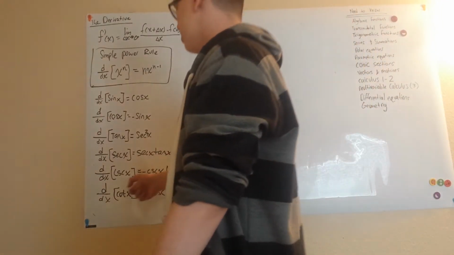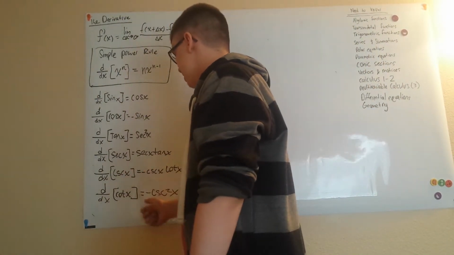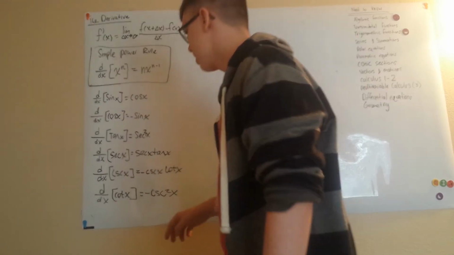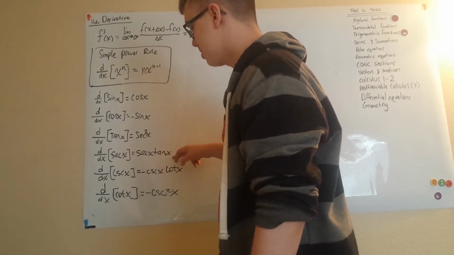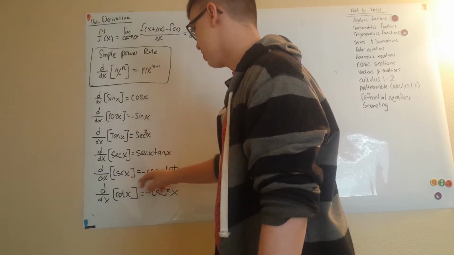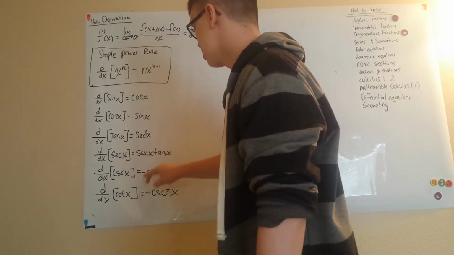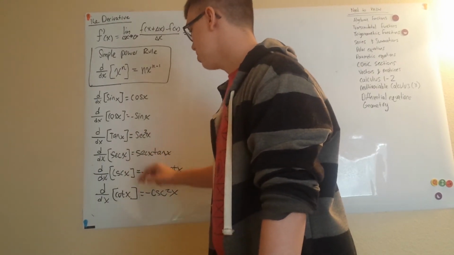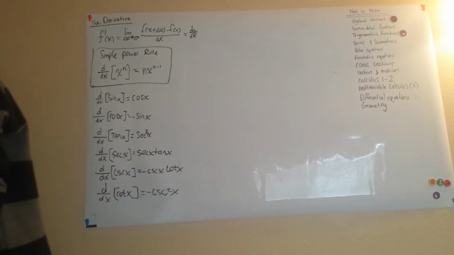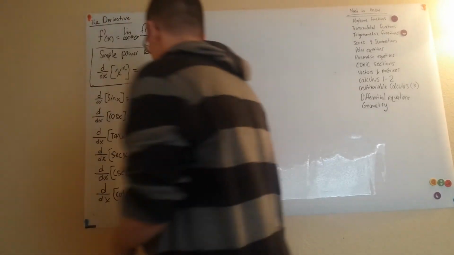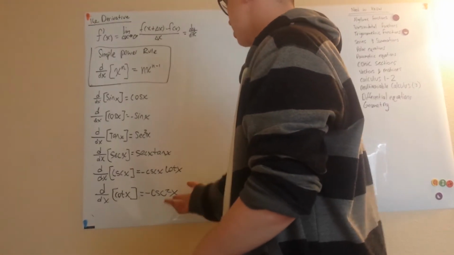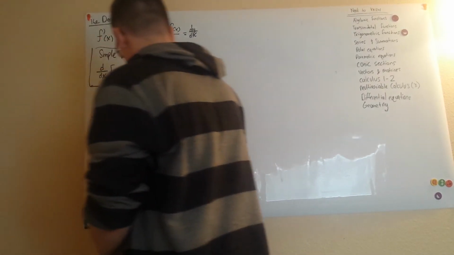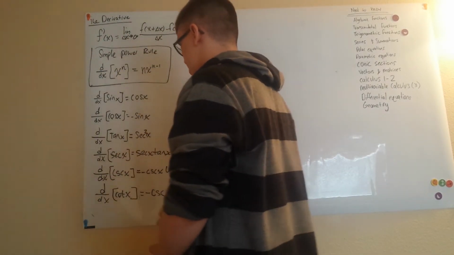There is a pattern to it. Basically, all the cofunctions have negative values. And this is secant tangent x. Cosecant is negative cosecant cotangent. Cotangent is similar to tangent, but negative.